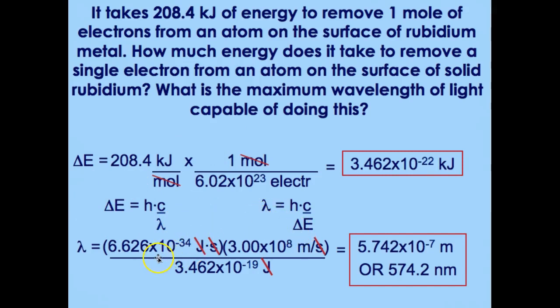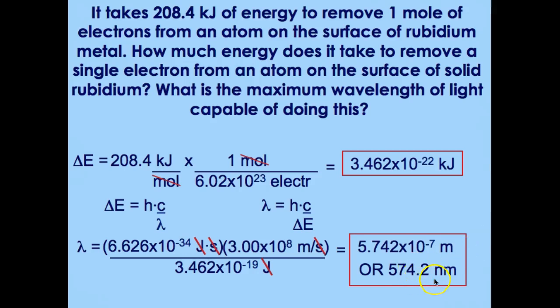We substitute Planck's constant, we substitute the speed of light, we substitute our energy. I want you to notice that I changed this from kilojoules to joules so that the joules units would cancel out. If you are using a constant, you've got to have common units to be able to make that conversion. And when I do the multiplication and division through, I get that the wavelength I would need is 5.742 times 10 to the negative 7th meters.